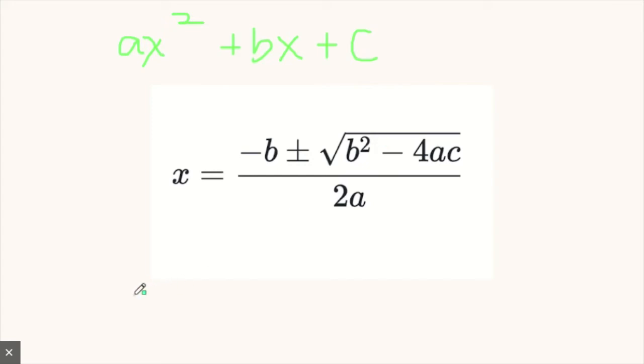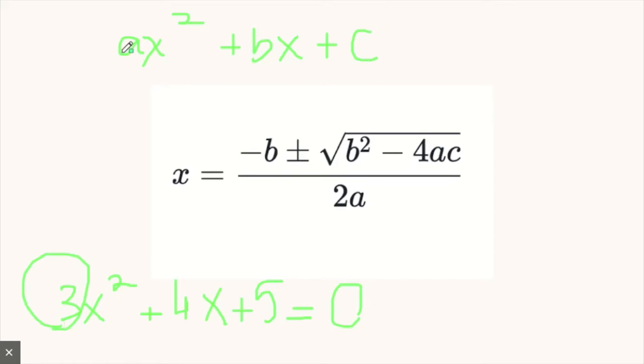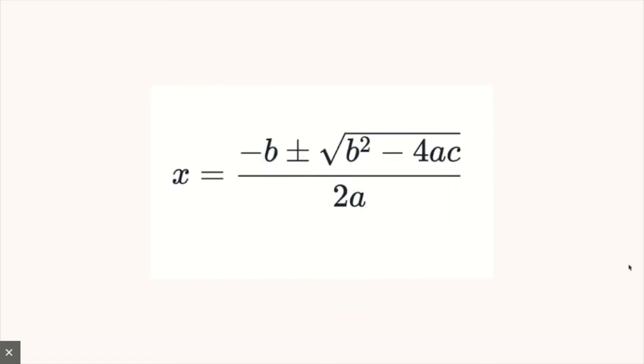For example, if our equation was 3x squared plus 4x plus 5 equals 0, and we want to solve for x, instead of trying to factor this, we can just plug 3 in for a, because 3 is a, plug 4 in for b, and plug 5 in for c. And then we can just solve.